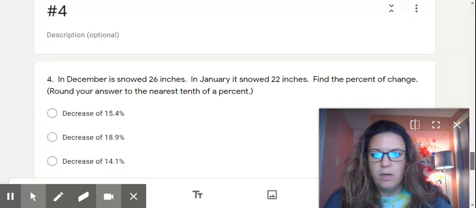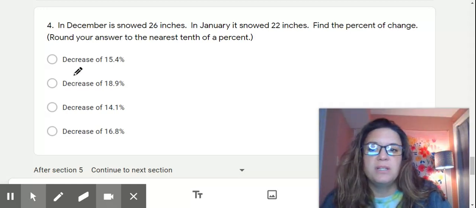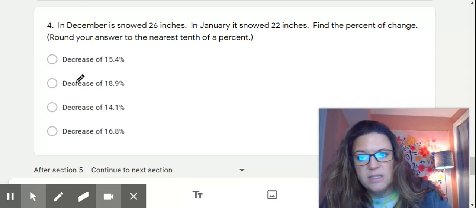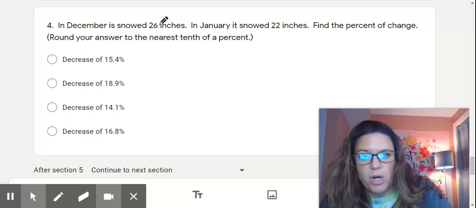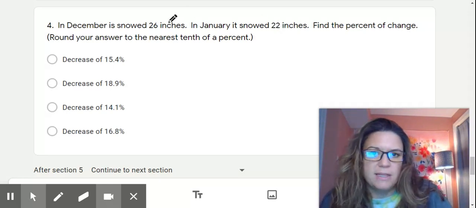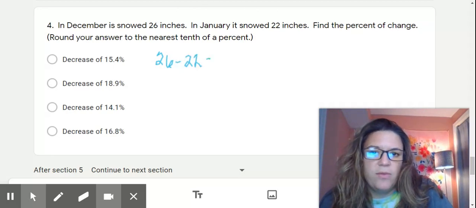All right, number 4. In December, it snowed 26 inches. In January, it snowed 22. Find the percent of change. All of these are decreases, like the answer choices. So I know that December came before the 22, right? Because it went down. So how much did it go down by? It went down by 4 inches.